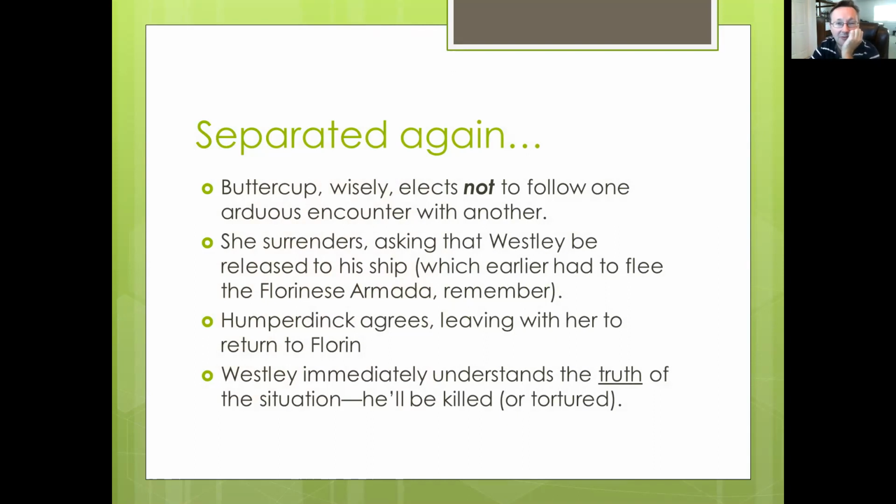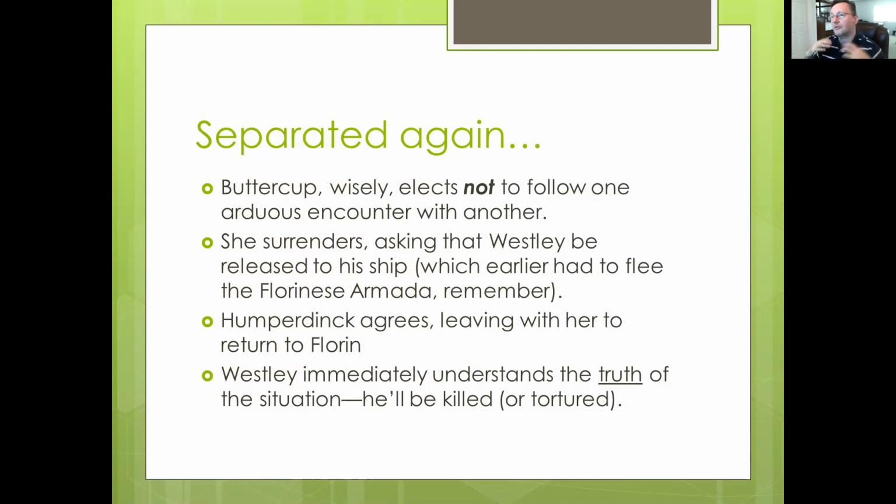They've also tried to run away from the pursuit of Prince Humperdinck and his hunting party. And in the fire swamp, he's attacked by one of the rats of unusual size and bitten pretty badly. So even in the face of these incredible odds, he is determined that he will not be separated from Buttercup, that he'll fight to the death if need be.